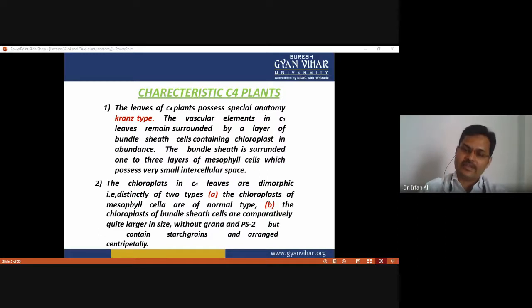Another difference between the chloroplast of mesophyll cells and bundle sheath cells is that in the bundle sheath cells, photosystem second is not present.